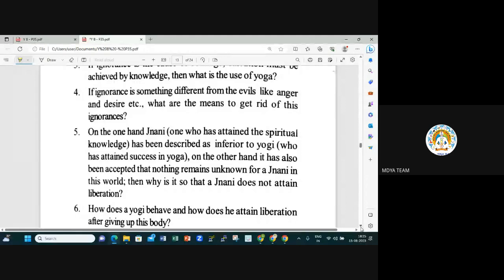If Jnani is inferior to the yogi, and Jnani has all the knowledge and there is nothing more to know, then why does a Jnani not attain liberation? So this is the fifth question of Goddess Parvati.